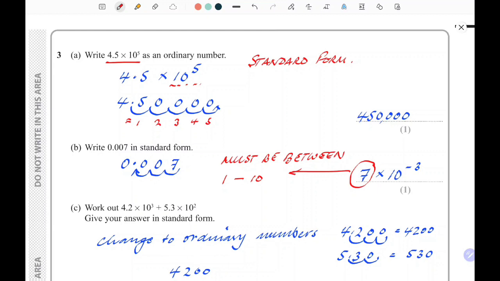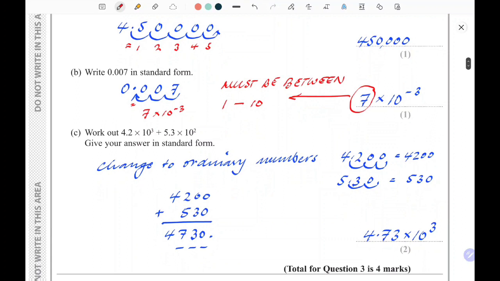Okay, so all we're doing here now is moving the decimal place from behind the first 0 here, and we want to move it the other way. So effectively, we would have started with 7 and then 3 moves of the decimal place. So that becomes 10 to the minus 3. Or 7 times 10 to the minus 3.